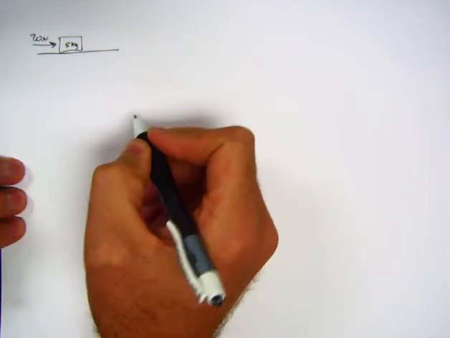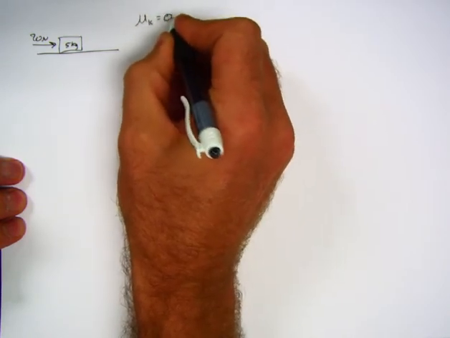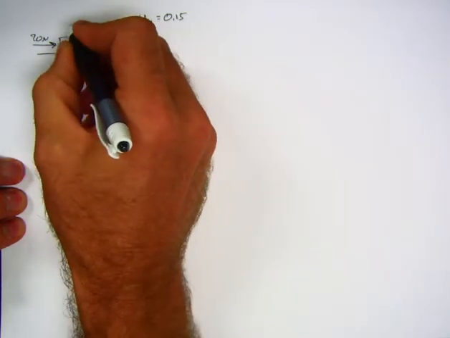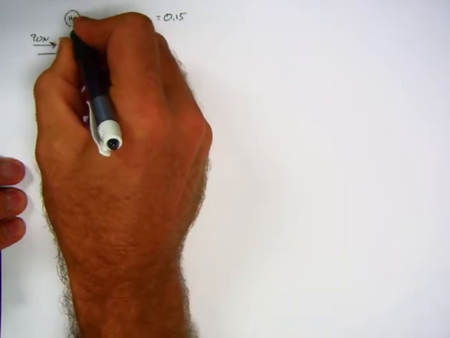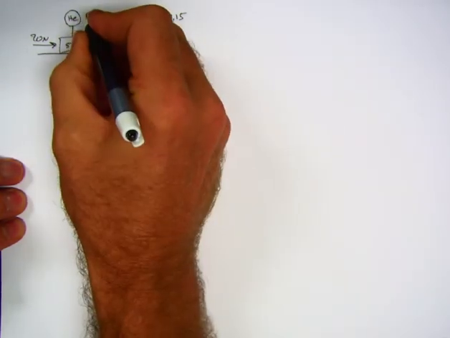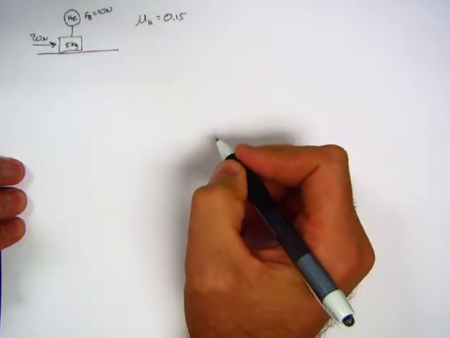And let's say that the coefficient of kinetic friction is 0.15. And just for fun, let's put a big helium balloon up there.